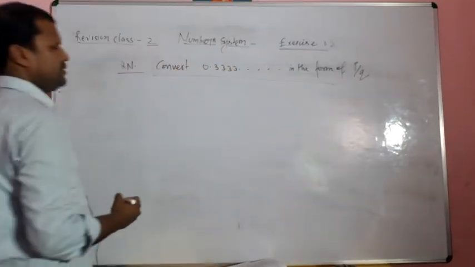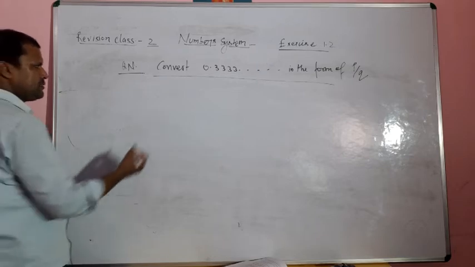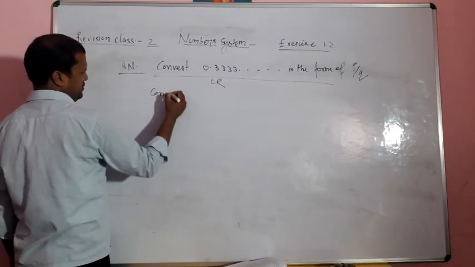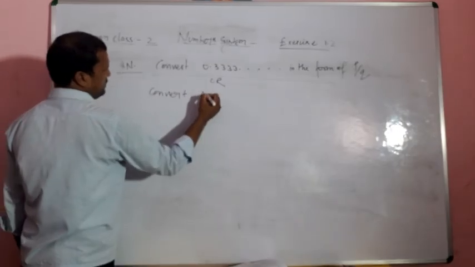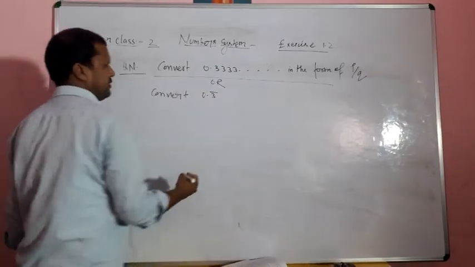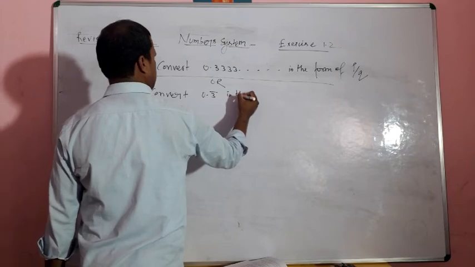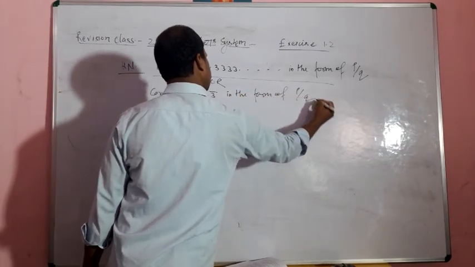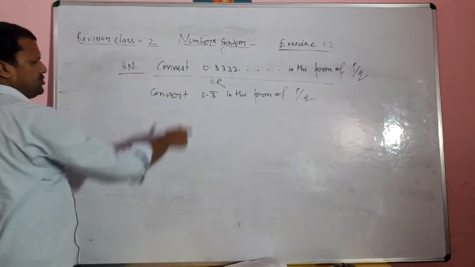This is the question. Sometimes it is given like this: convert 0.3 bar in the form of p by q. So both are the same question.